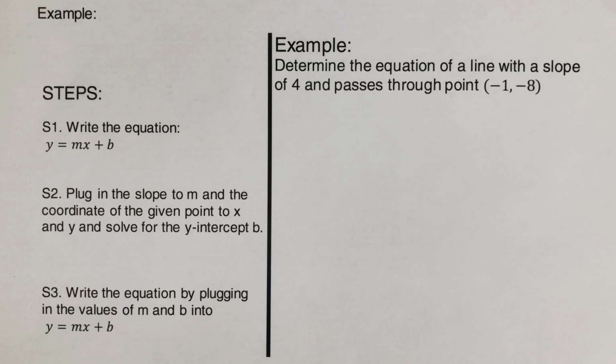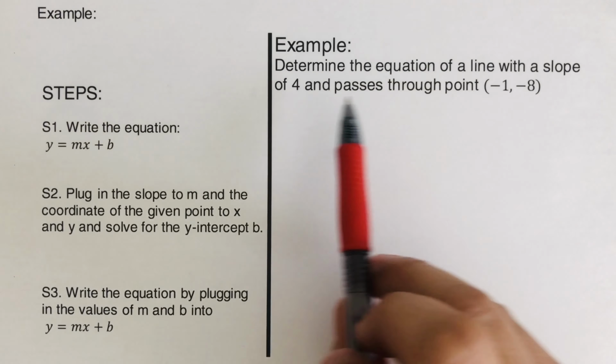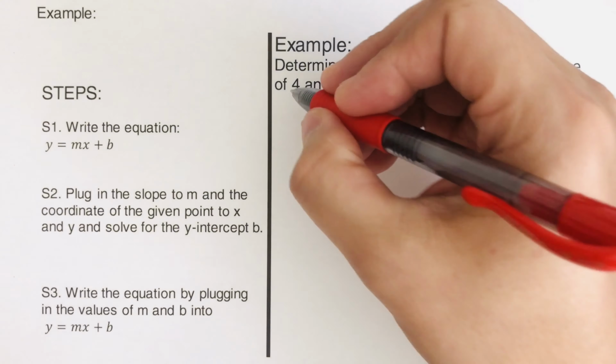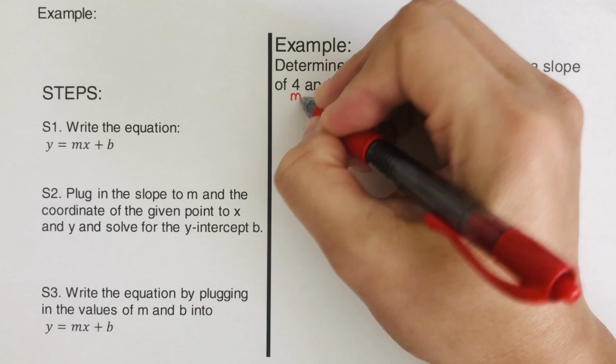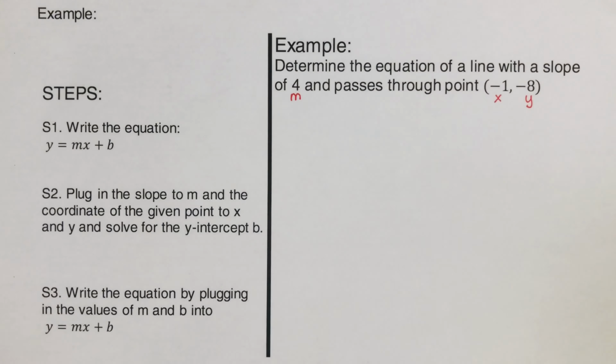Okay, so we go over the problem here. It's pretty much the same thing. We are going to label the ones that are given to us. Determine the equation of a line with a slope of 4 that passes through the point (-1, -8). So this will be our slope, m, and this is our x, and this is our y. The first step is to write the equation y equals mx plus b.